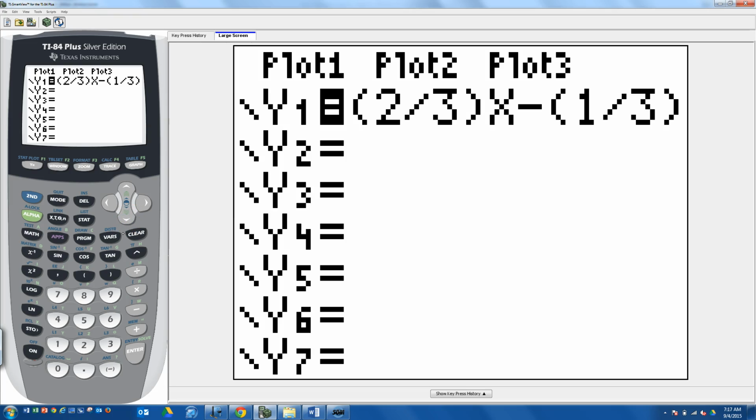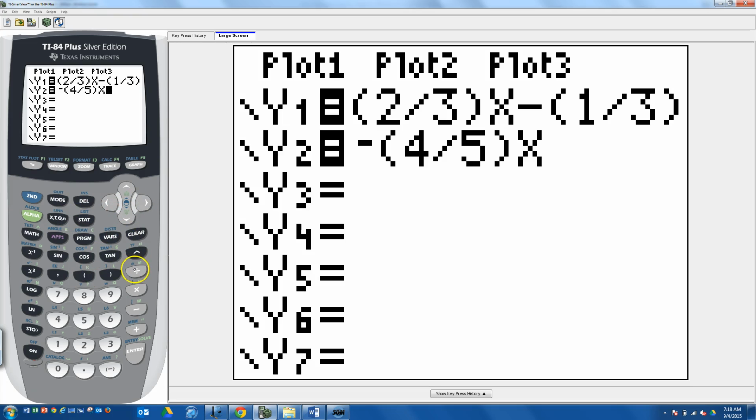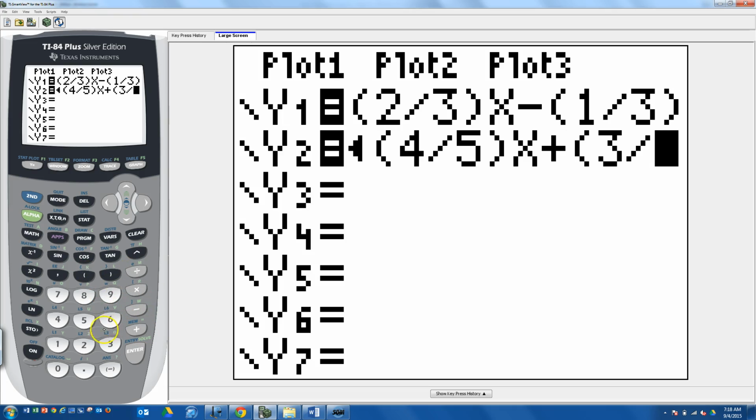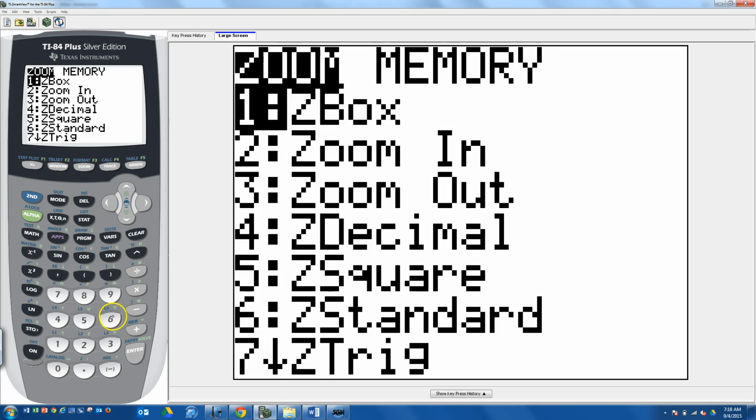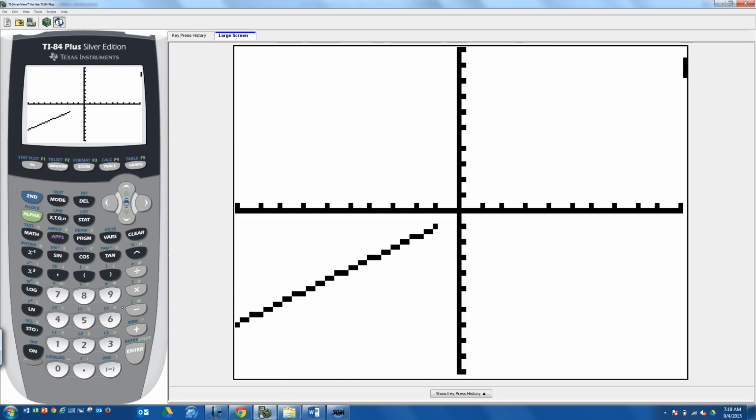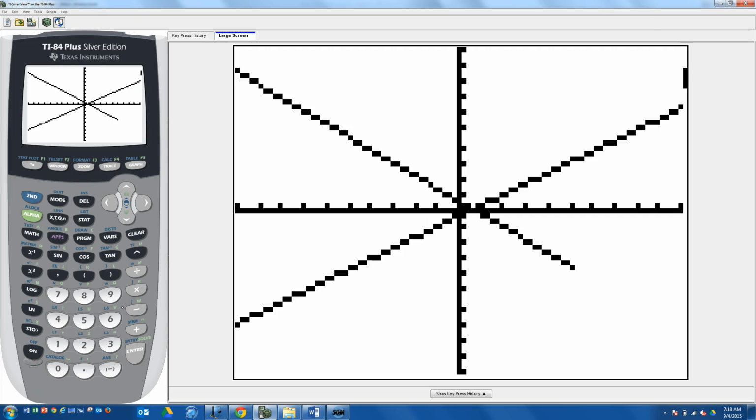And then here we have -4/5 x plus 3/5. Okay. And always zoom 6 because it'll probably be in the standard window. And then these are my two equations. One hits there, one hits about there.